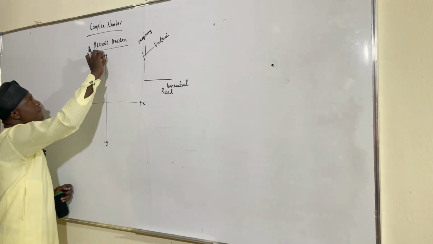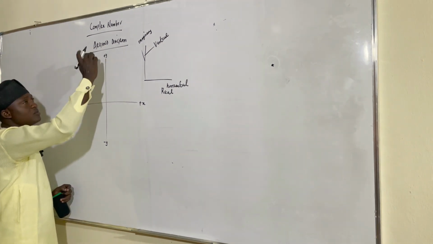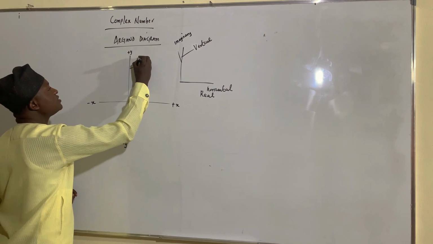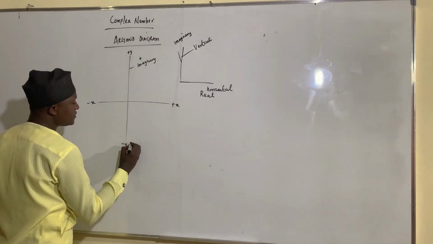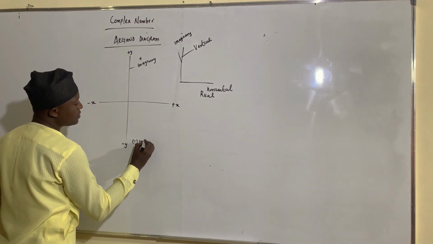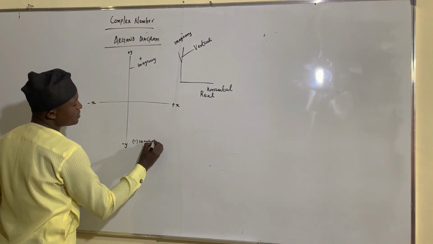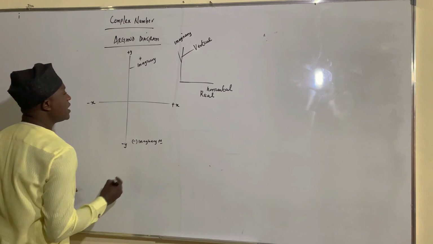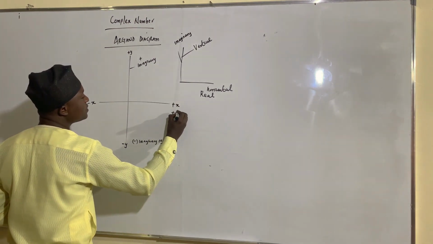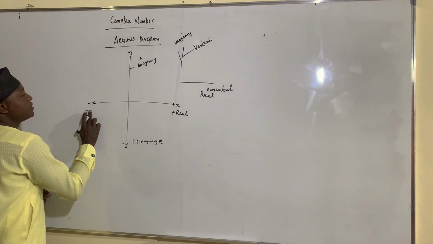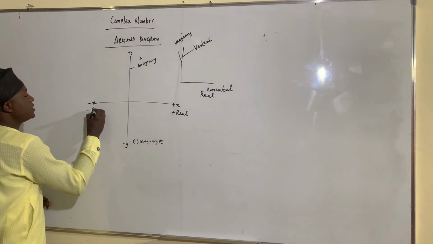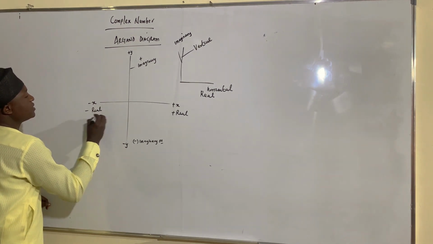Now, you see, I told you this is for positive imaginary numbers. This is for negative imaginary numbers. This is for positive real numbers. This is for negative real numbers.